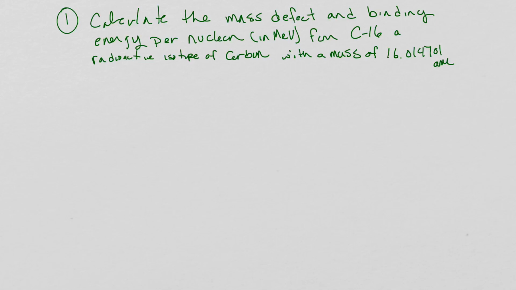The isotope we're looking at in this problem is carbon-16. This is a radioactive isotope of carbon that has a mass of 16.014701 AMU. The first thing here is to calculate the mass defect.